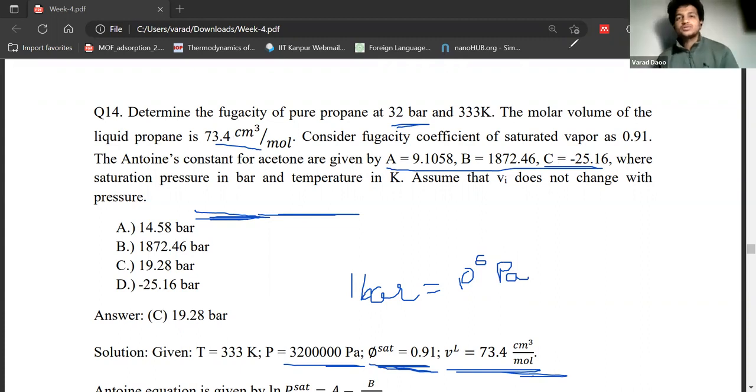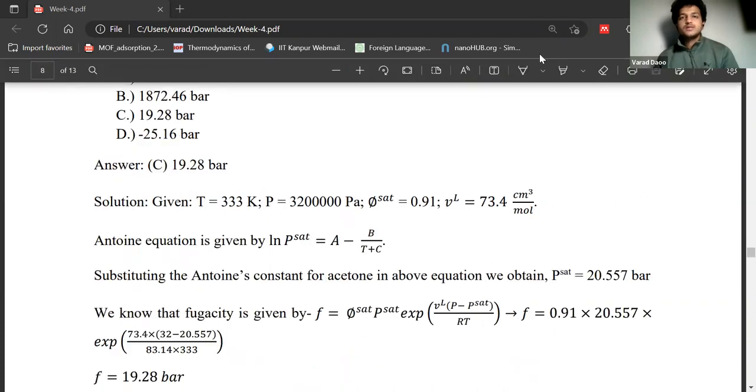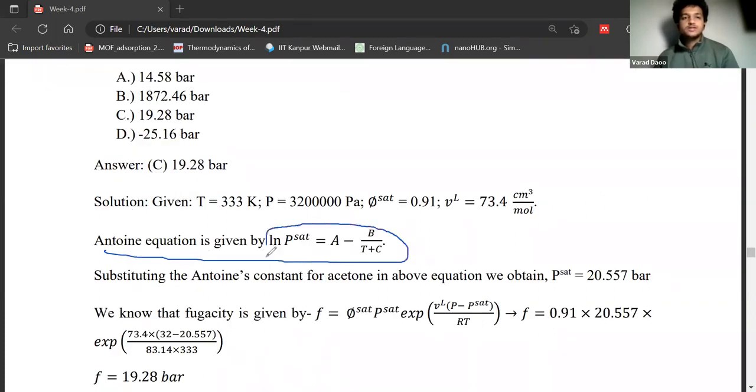So with the help of the Antoine constants and the Antoine expression, we substitute the Antoine constants for propane. This is not acetone, this is propane.